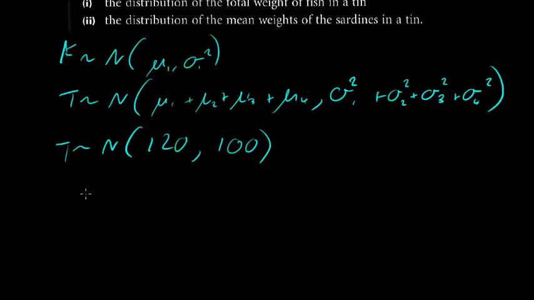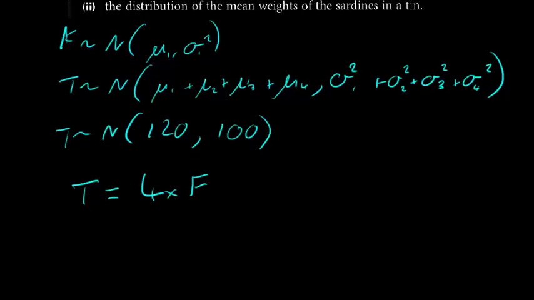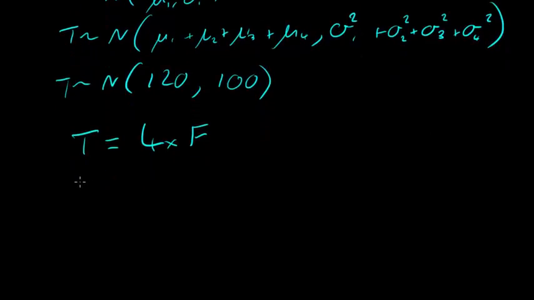Now I know, for example, that the number of fish in a tin is 4 times the number of fish, so that's my relationship between the two variables. And so if I want to find out, for example, the mean number of tins, that should be 4 times the mean of fish.